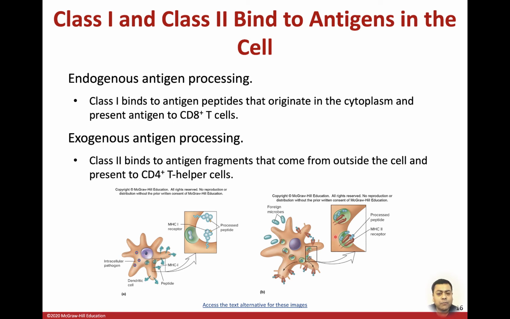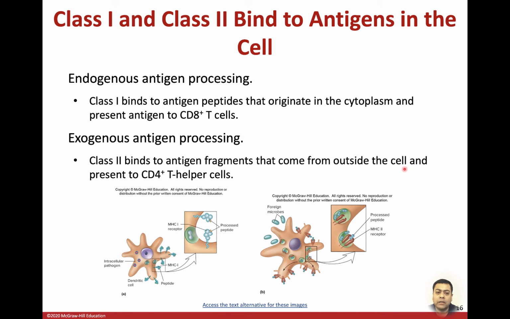On the other hand, see what happens with the exogenous antigen processing. And we'll explain that a little bit better because it may sound a little grayish and may not completely make sense here, because we are missing some of the information that is required to understand this fully. The next part is the exogenous antigen processing: class 2 antigen fragments that come from outside the cell.